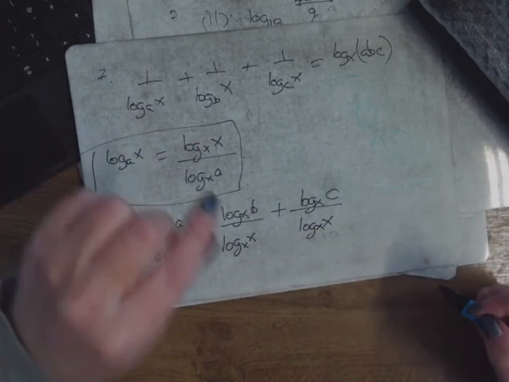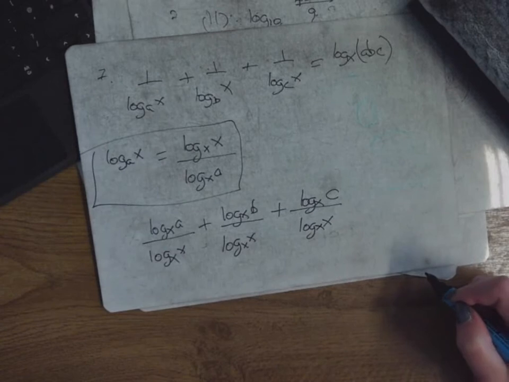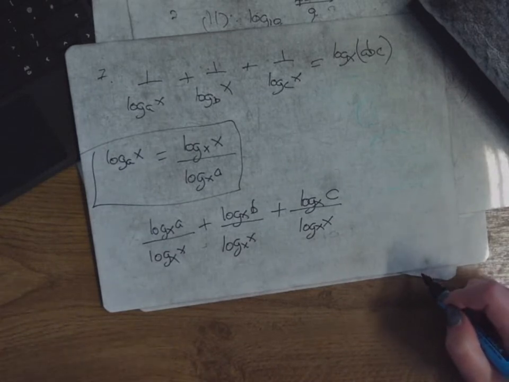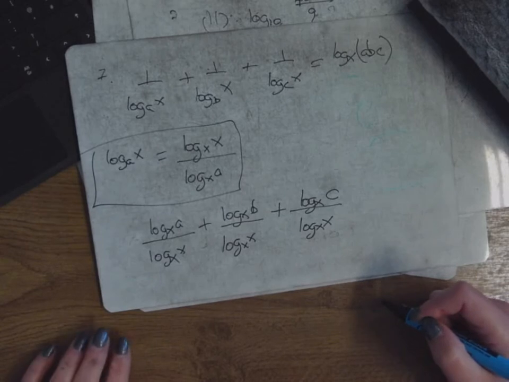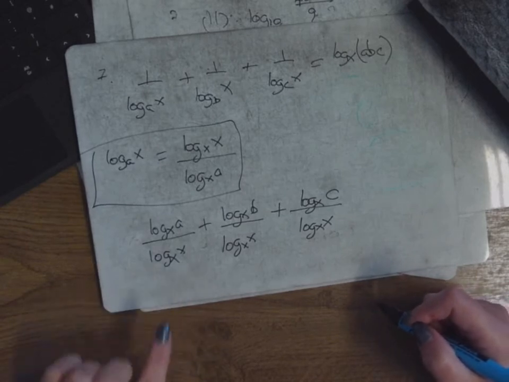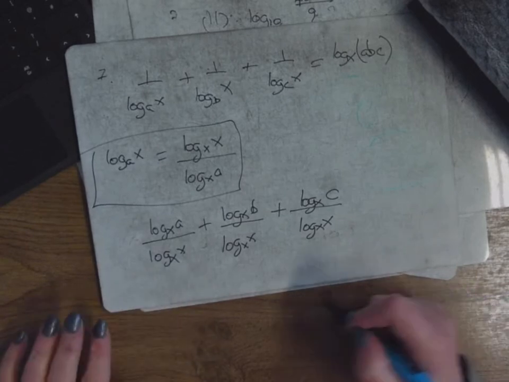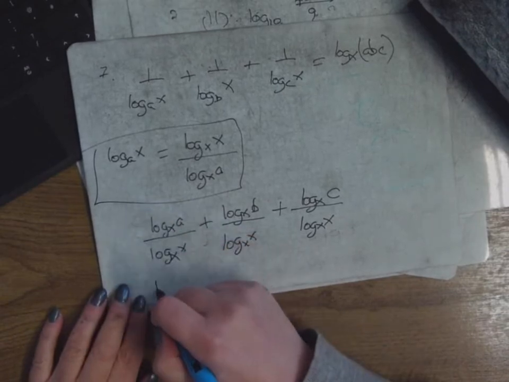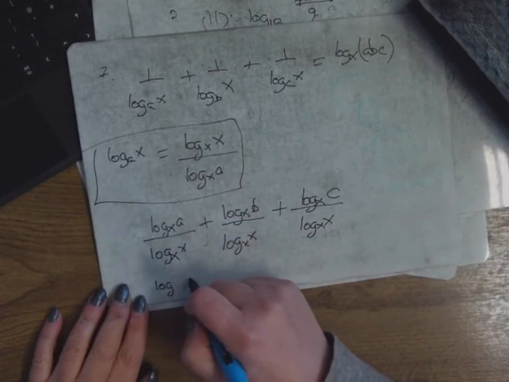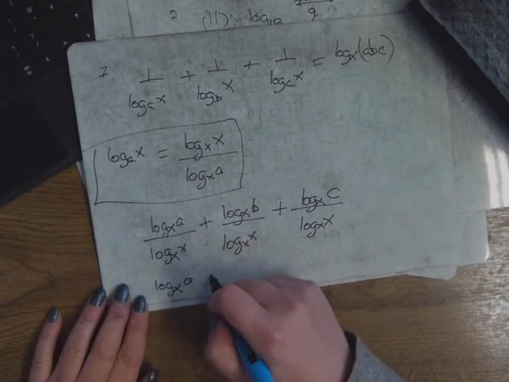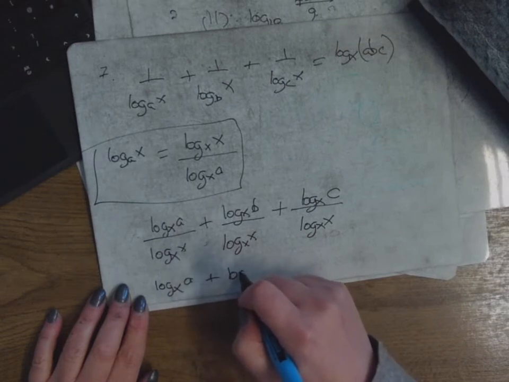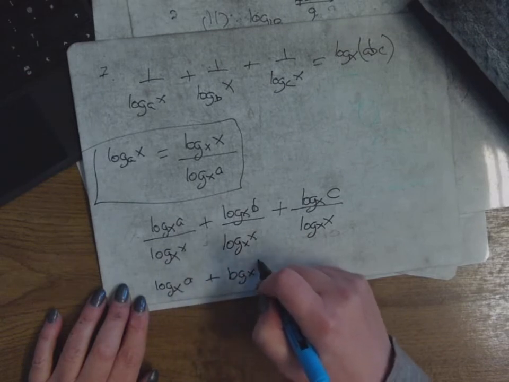So that's the change of base rule. It was the last rule we did when we did the rules of logs. But we know log of x to the base x is what? 1. So that's log of a over 1. So I'm just going to drop underneath the line, because all the denominators are 1, aren't they?